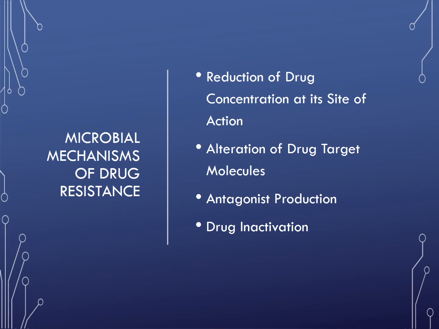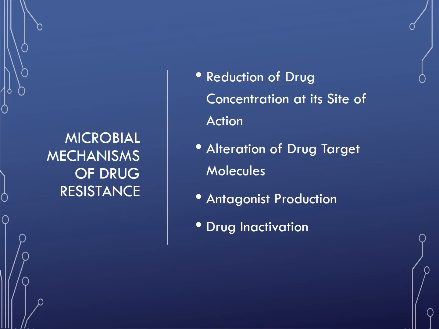Now we will discuss microbial mechanisms of drug resistance, including reduction of drug concentration at its site of action, alteration of drug target molecules, antagonist production, and drug inactivation. First, we're going to talk about reduction of drug concentration at its site of action. For most antimicrobial drugs, the site of action is intracellular.